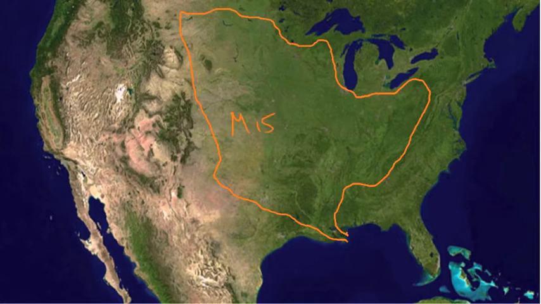Now, the Mississippi River is sometimes called the Missouri-Mississippi, and the Ohio River is also involved in forming that Mississippi River. Over on the west coast, we see a large river basin, the Colorado River, which goes into Mexico.